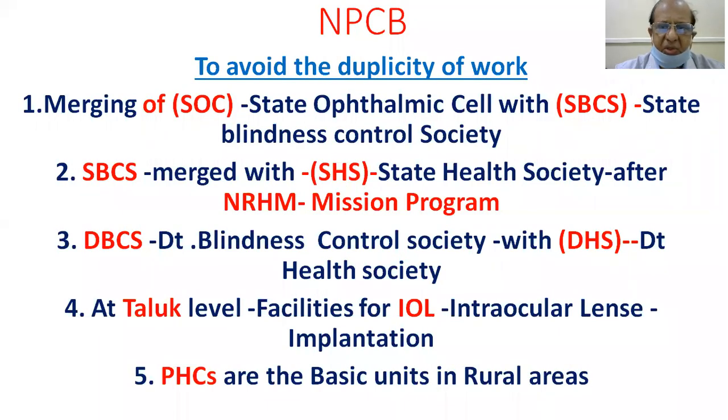DBCS, District Blindness Control Society, with District Health Society, because the District Blindness Control Society has a lot of functions and a lot of persons and a key role in this program, NPCB.